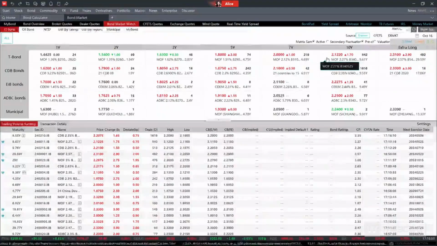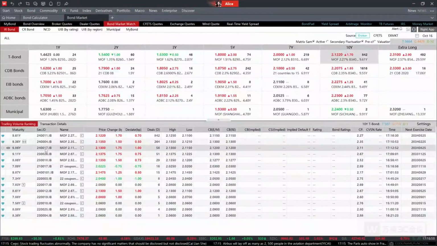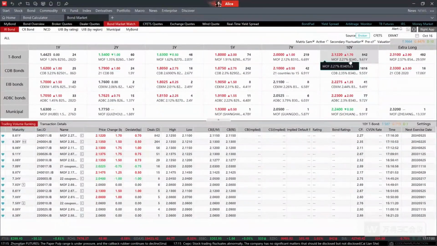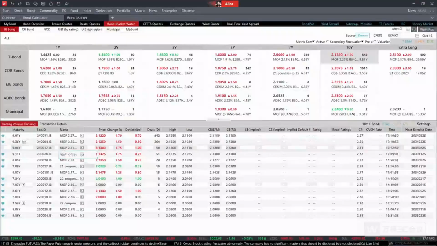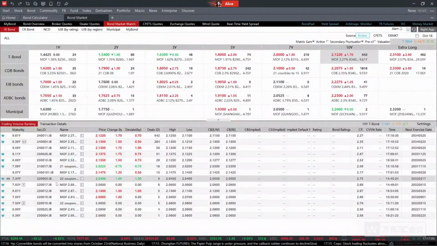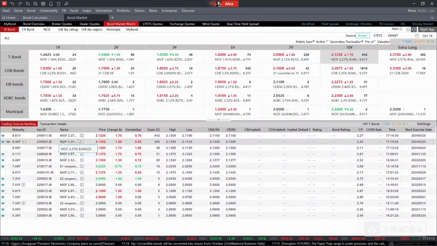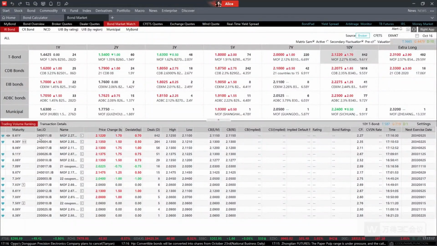And once I click over here, we can see on the bottom all the 10 year treasury bond trading results. And as we know, for the 10 year treasury bond, there are several bonds over here, right? And it will be ranked by the top value. For example, we can see today the most frequently traded bond is this one, 240011.